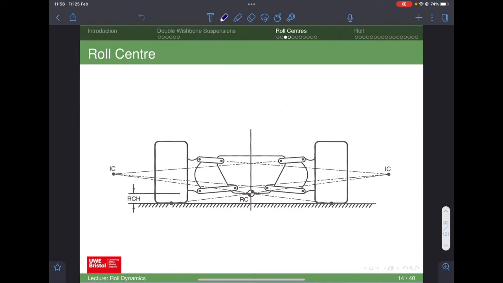Obviously, if the instant centre is really, really far away, drawing the line between something that's really far away and the contact patch of the wheel, you're going to end up with a line that's basically horizontal. So one way to get the roll centre off the ground is to have your wishbones parallel. The point of intersection is not existent in a sense, so it's infinitely far away effectively.